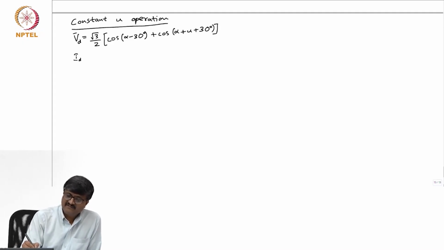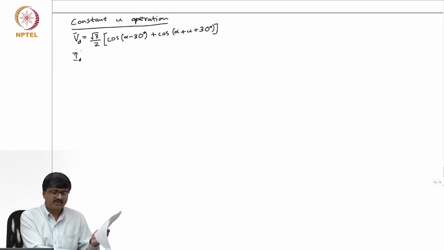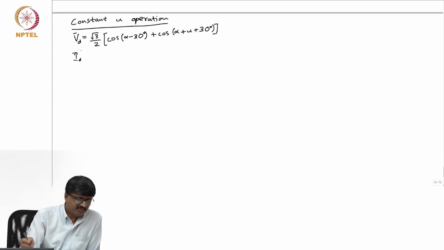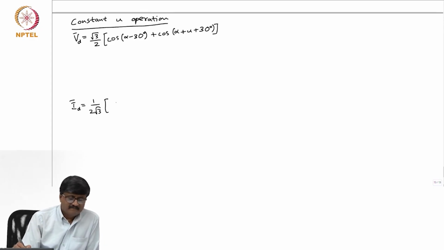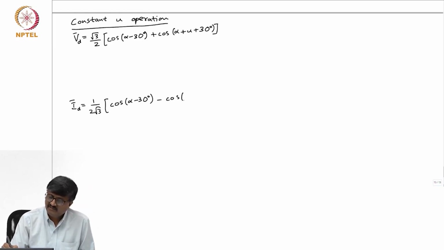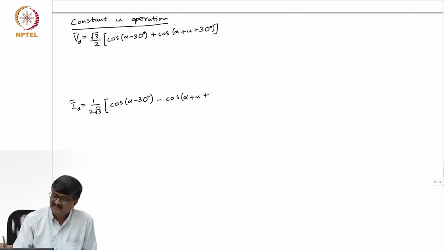And the second equation is Id equal to 1 by 2 root 3 into cos(alpha minus 30 degrees) minus cos(alpha plus u plus 30 degrees).